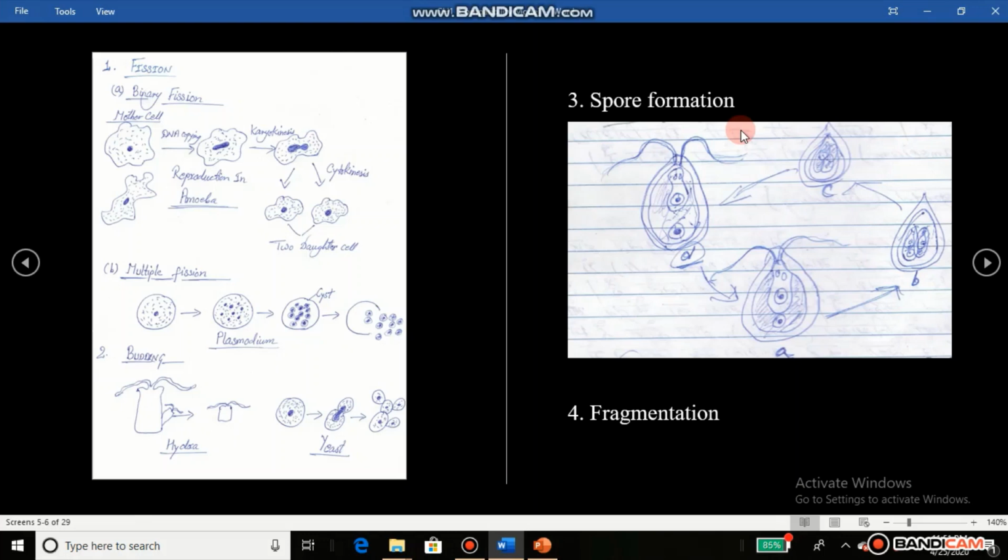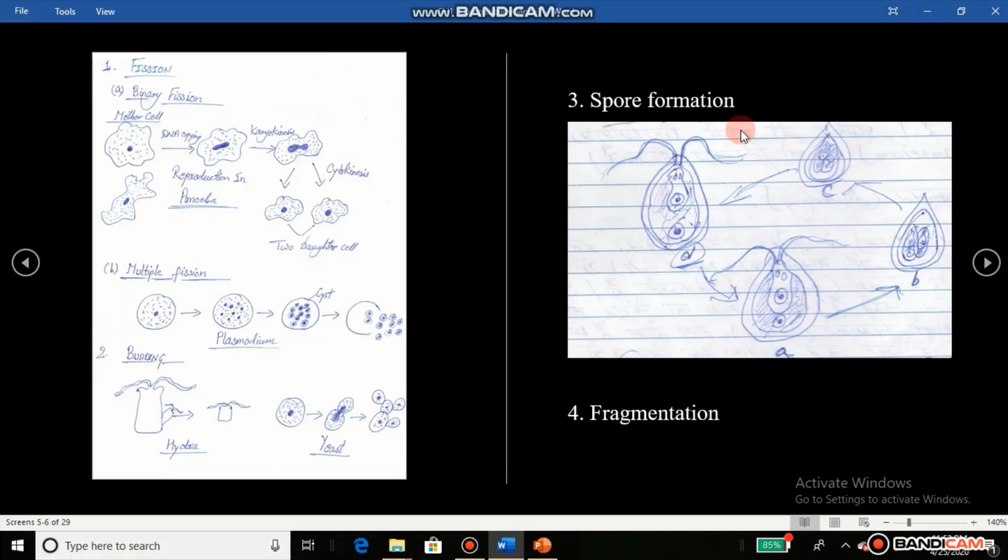There are different types of organisms where spore formation occurs as an asexual mode of reproduction. A spore, a dot-like, seed-like structure, forms in that organism, and that spore comes out from the parent body, and in favorable conditions it will convert into young ones. So this is spore formation.